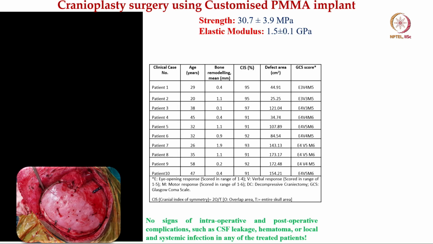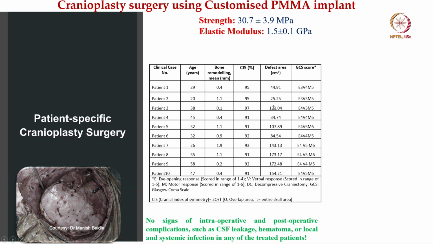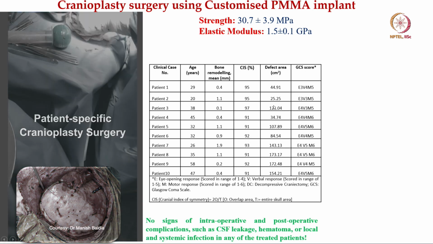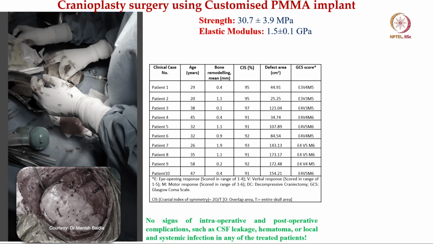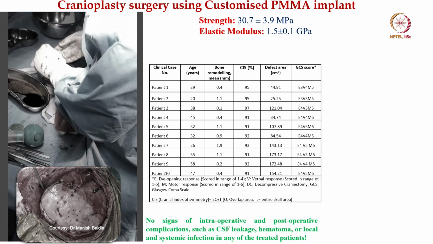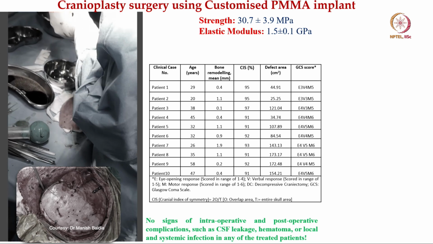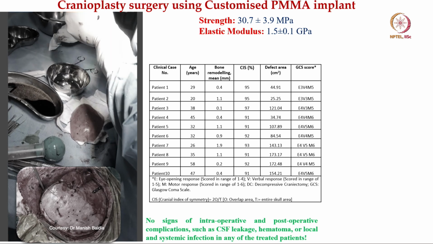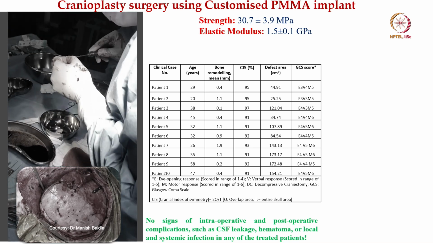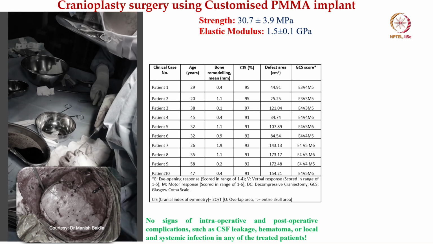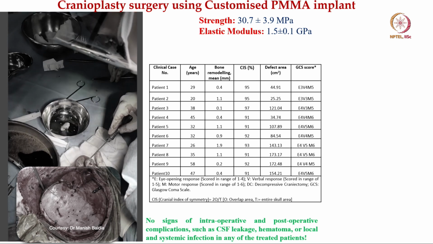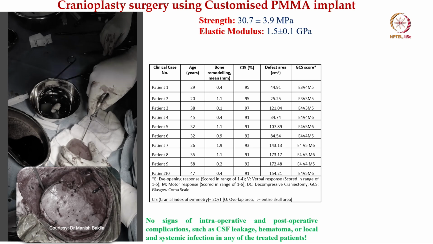If you look at this, one of the patient specific cranioplasty surgeries, a little longish video, you notice the craniomaxillofacial surgeons or neurosurgeons preparing the bone flaps at the side of the operation table.